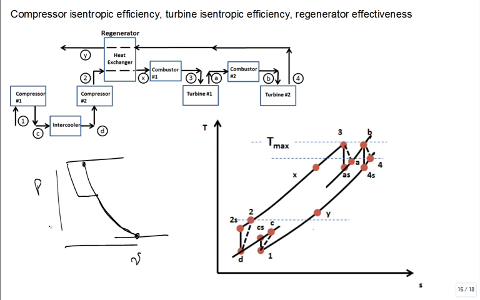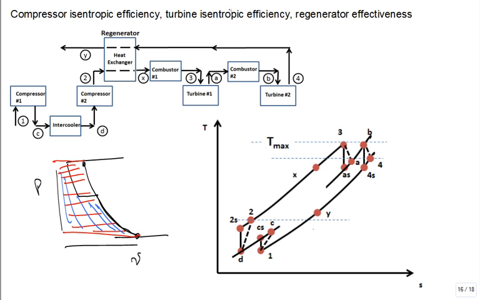The visual image of the work per unit mass is not the area under the curve on a PV diagram for an open system. It's the area to the left of the curve. It's this area over here. And so this is the work per unit mass with one big compressor without any stopping and then cooling. And this is the work if you stop and cool.